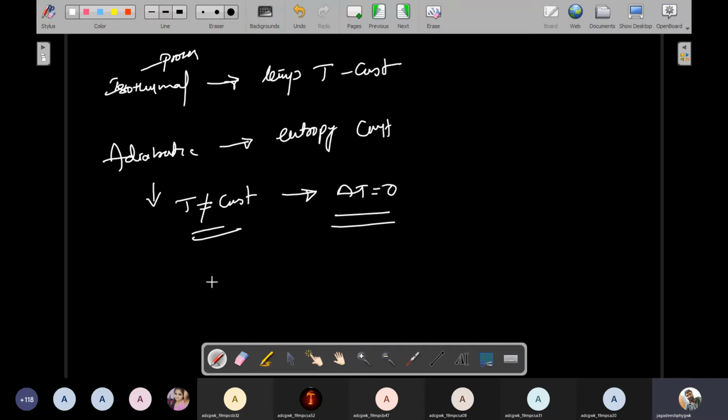If you connect two systems, one at one temperature and the other at another temperature, then the change in the temperatures is almost 0.